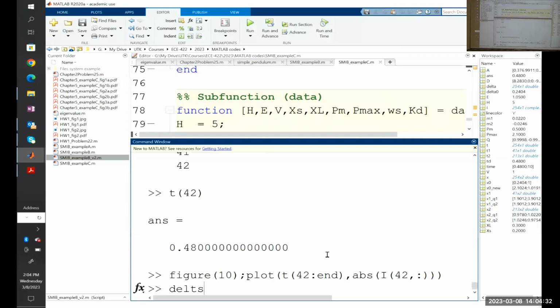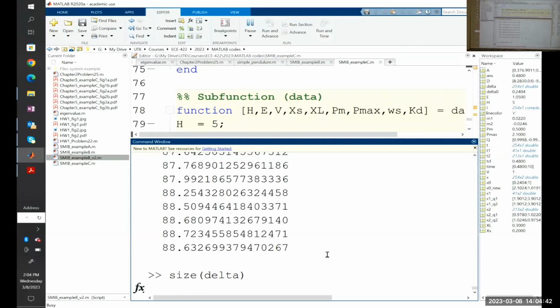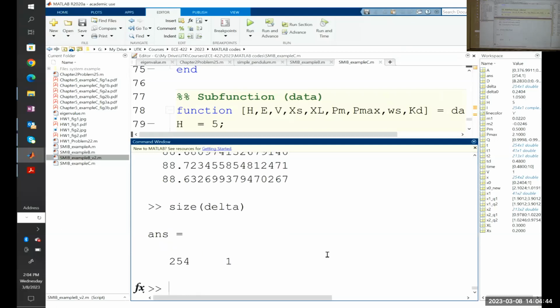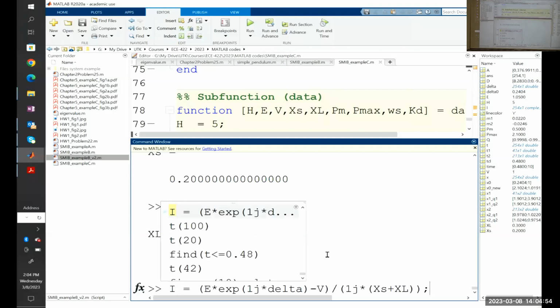Let's do it again. How much is delta? Delta, consider all the values we have. And then we have E, B, XS, and XL. And then we calculate the current in that fashion: E exponential of j delta minus B, close parentheses, divided by j times XS plus XL.